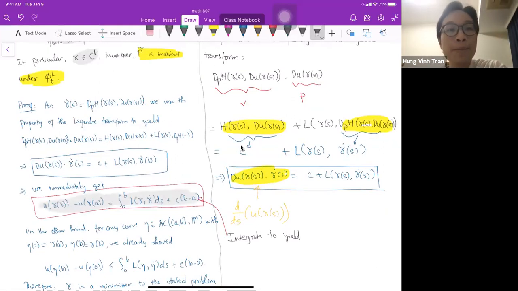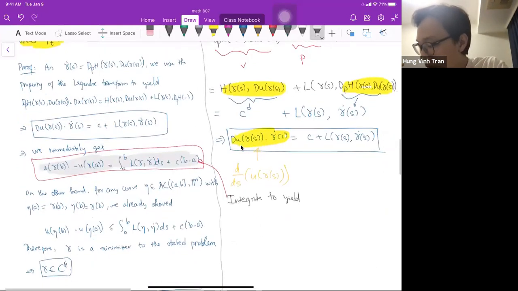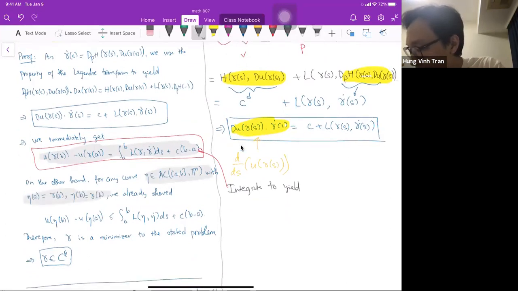Okay, now this is easy because earlier we already proved certain results, right? I can recall quickly the proof. It's the same game. Earlier we have proved that for any other curve eta with the same endpoints. Maybe let me draw a nice picture here. I have gamma of a, gamma of b given, and gamma was the curve that we chose, so that gamma dot of s is D_pH of gamma s, Du of gamma s.